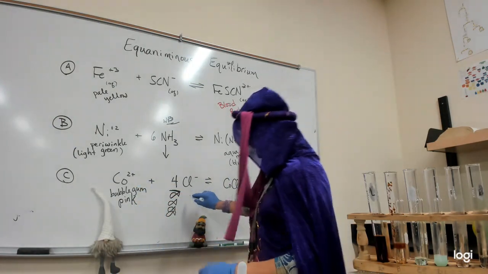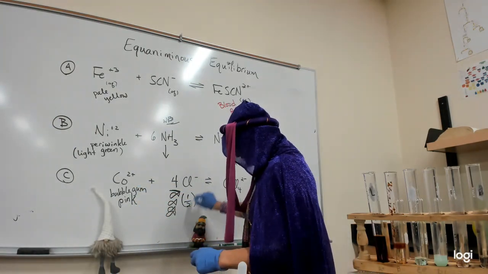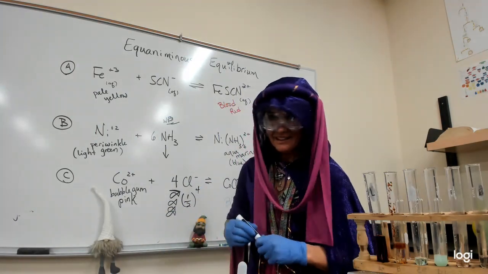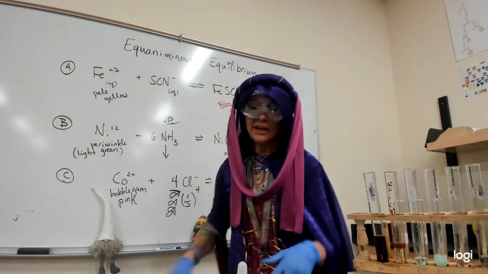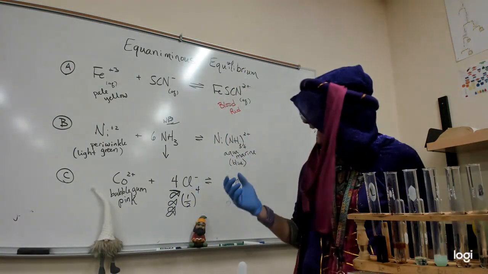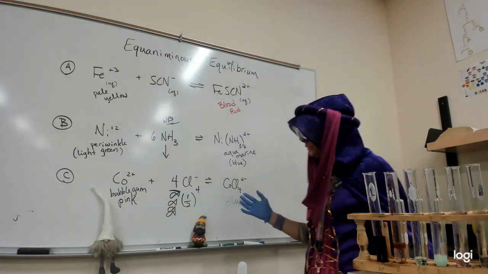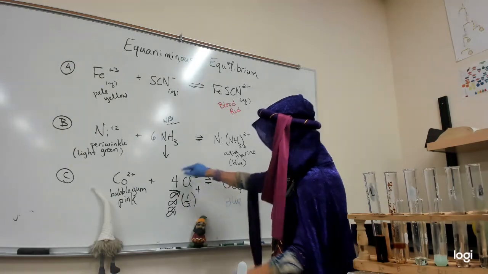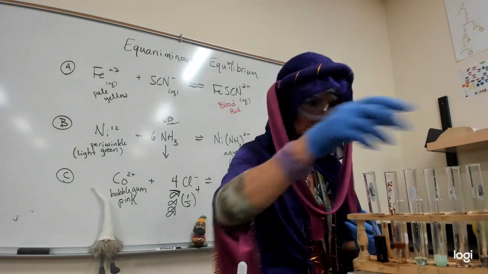But this gets cut in half, its concentration to the 4th power. That means it's now at 1/16. So anything that we do that affects the chloride is going to have the greatest effect on the equilibrium. So even though when I added the water, it cut everything down, it had the biggest effect on this, and so it shifts towards that.